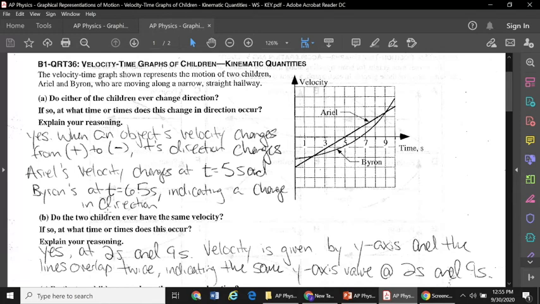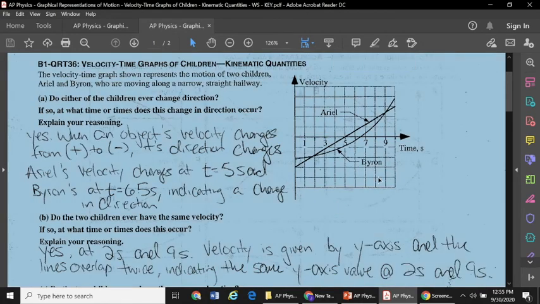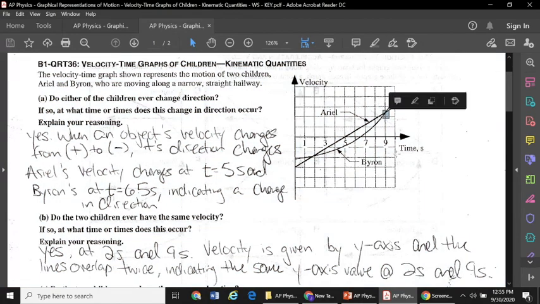Velocity is given by the y-axis variable, and the lines overlap or intersect twice, indicating the same y-axis value at 2 seconds here and at 9 seconds here. So when the lines intersect, it means whatever variable is graphed on the y-axis, those things are the same.